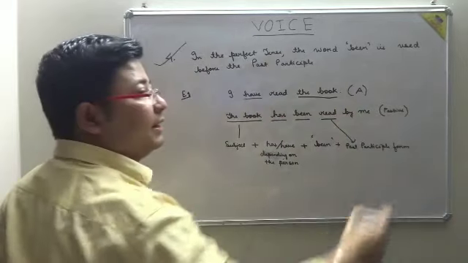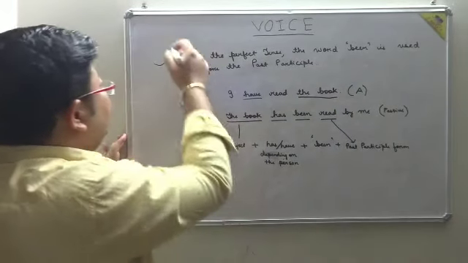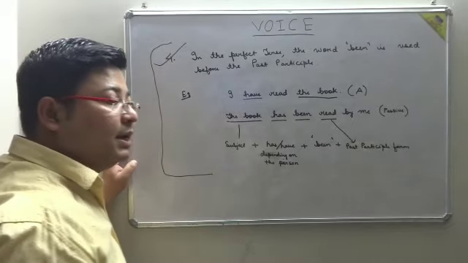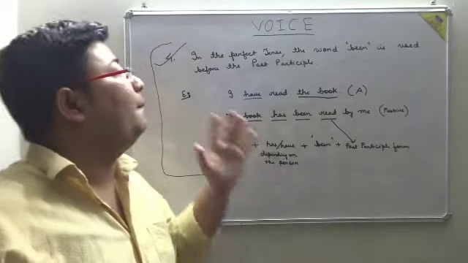Then the preposition and then the object. This is the fourth rule for changing the active voice into passive voice.